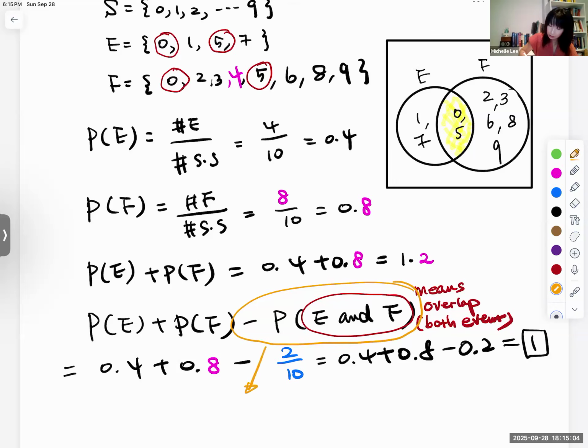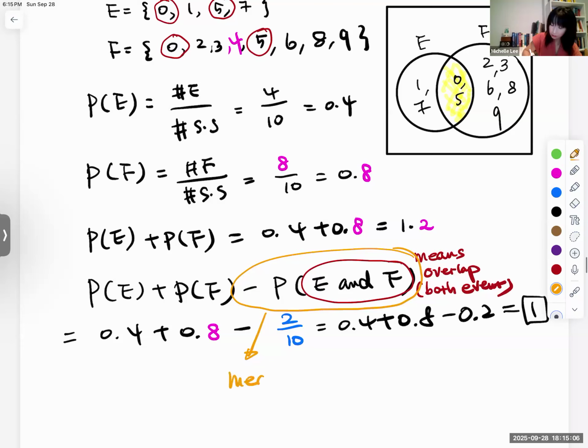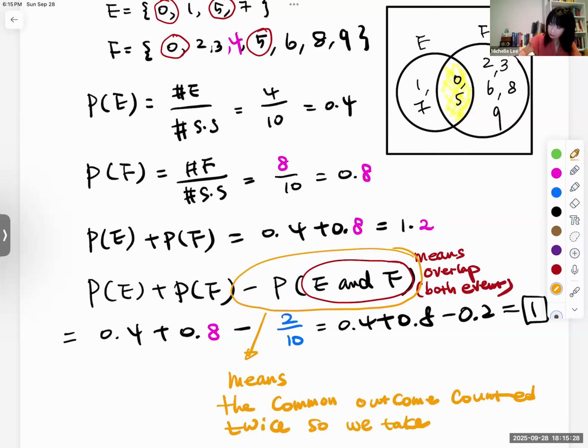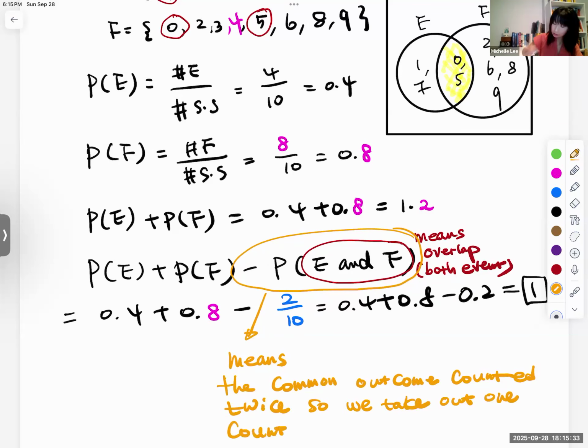This means the common outcome was counted twice, so we take out one count. Make sense? Okay, let's move on.